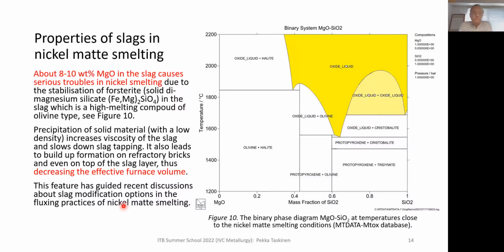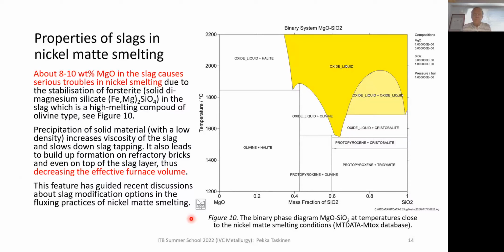So what has been done for this problem from chemical point of view or from fluxing point of view? There has been a discussion about whether we can modify the slag properties by adding something in as a flux into the slag, and there are not too good alternatives for modifying these slags with high MgO.